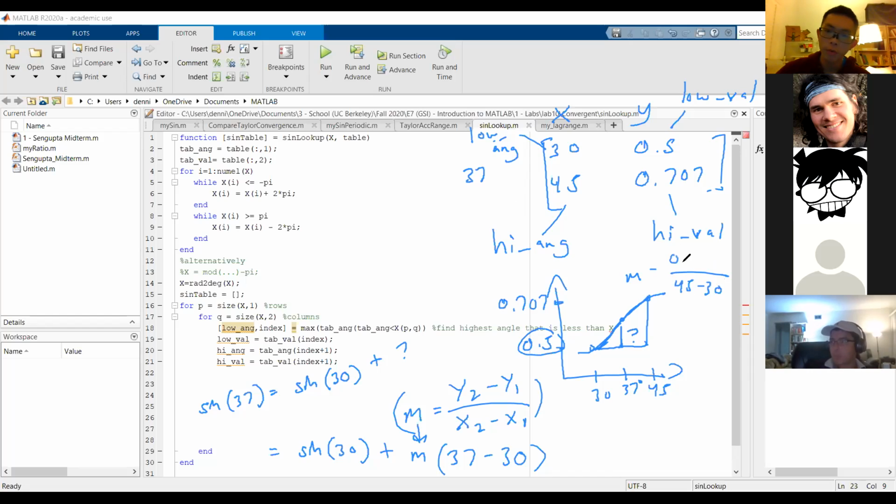So we're going to approximate the angle, and then insert that into here. That's going to be your m, and all of those are known quantities. We can use that to approximate what sine is at 37 degrees.